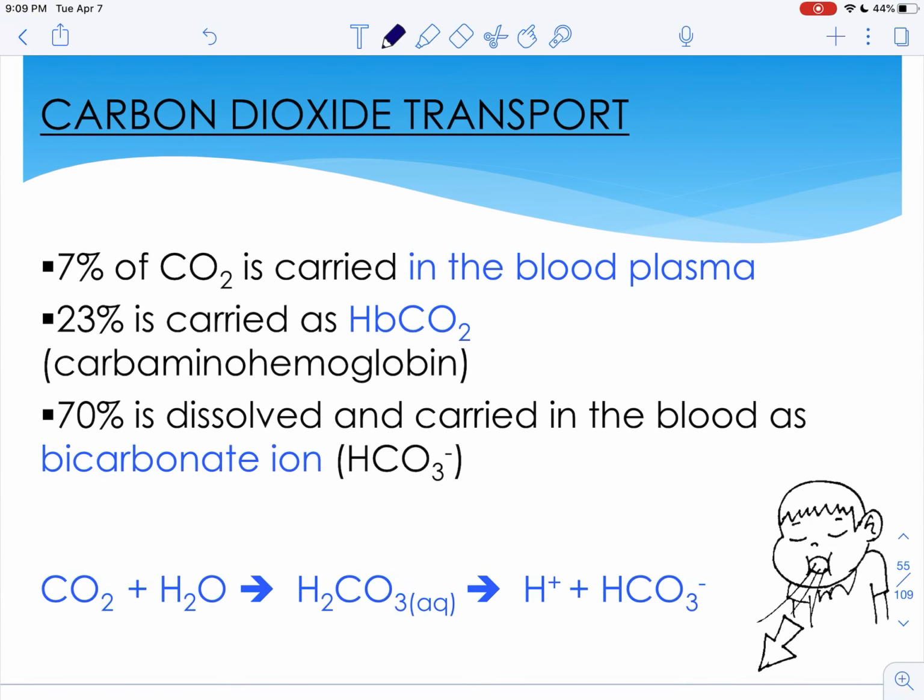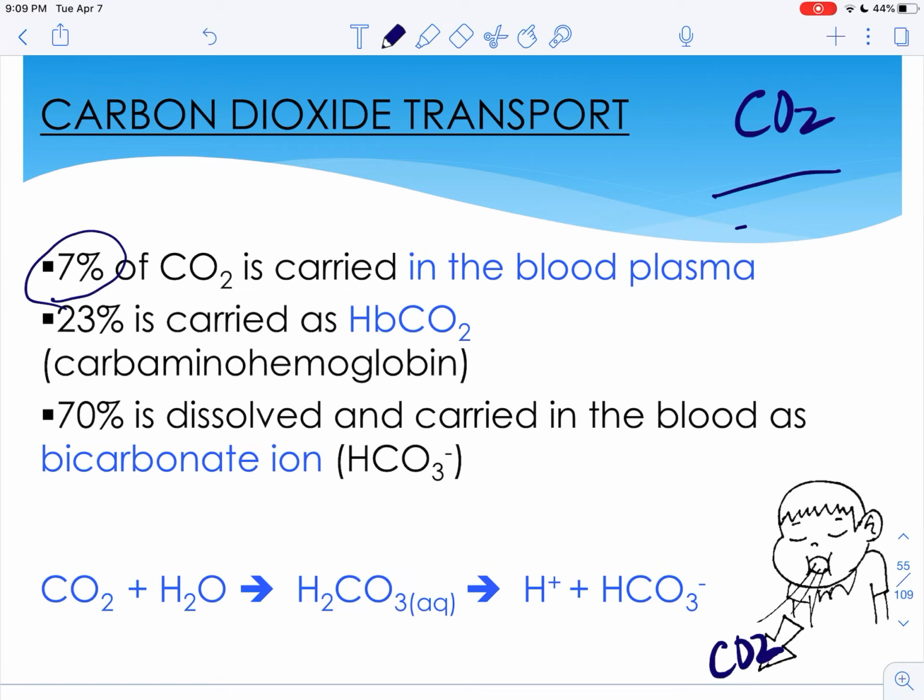Moving on to carbon dioxide. This is our waste product that we need to carry back to the lungs so the lungs can exhale it. Here's a little guy exhaling carbon dioxide. And an interesting thing happens here: it's only a small amount, 7%, that's actually carried as the molecule CO2.